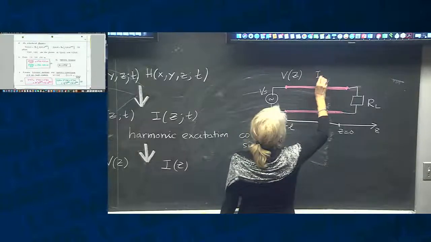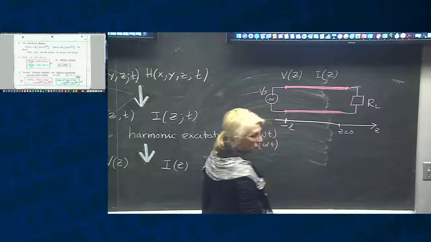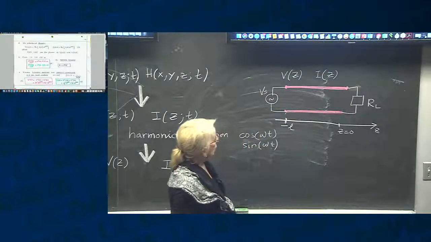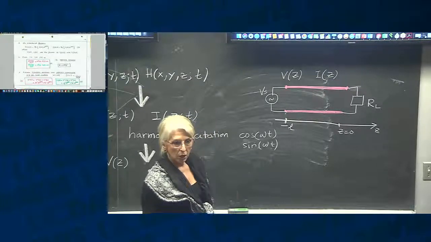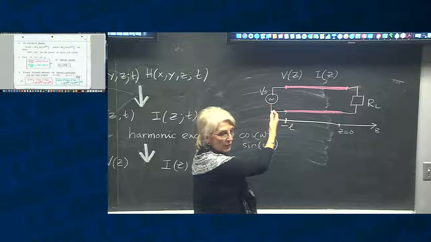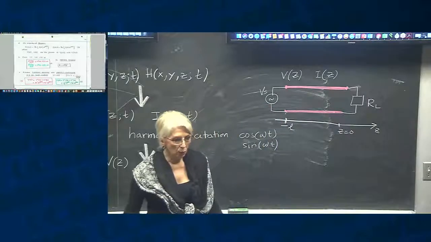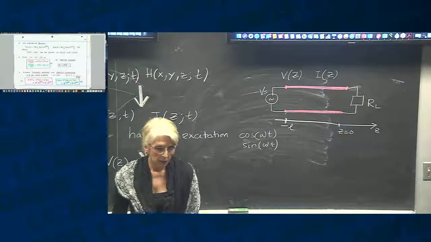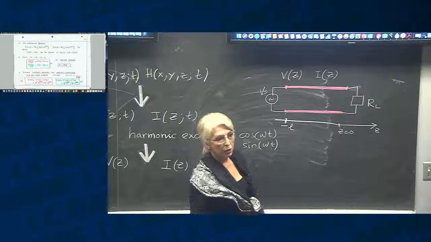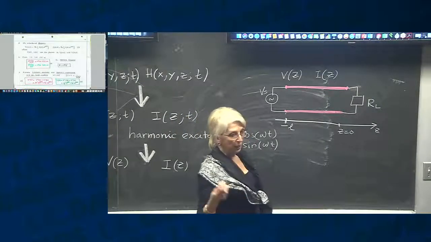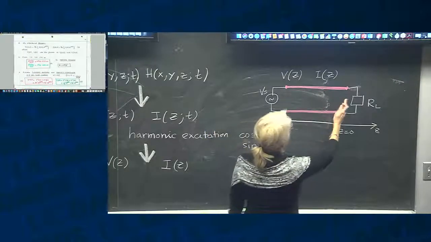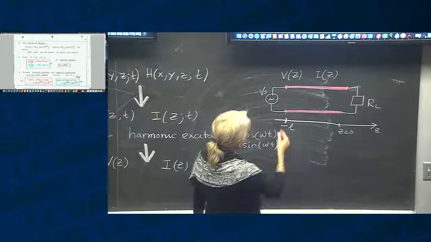And then I of Z, the other phasor, they have two possible solutions, depending, of course, on where you put your source to excite it, where you put your load, and what kind of load you have. What are the two possible solutions? Any of the two or a combination of the two, all right? And the combination will depend on these two conditions. So which are those two?